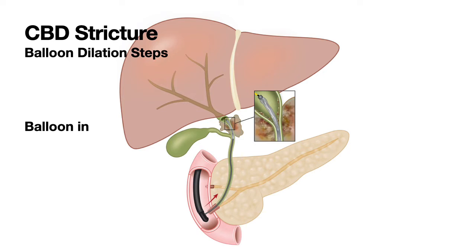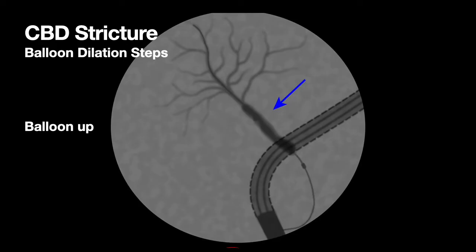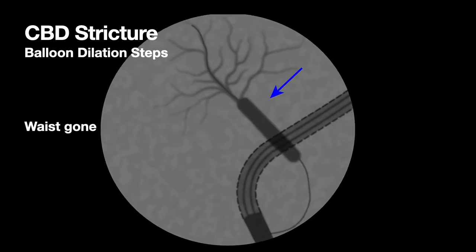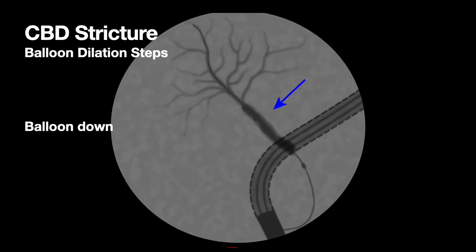In that case, we inflate the balloon with a special balloon inflating device. And once the balloon is up, we watch under fluoroscopy to see if the waist is gone or not. We want to make sure that the waist is gone, and once the waist is gone, the balloon is brought down.